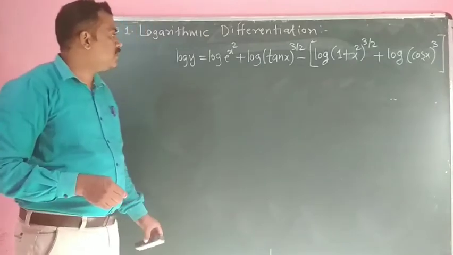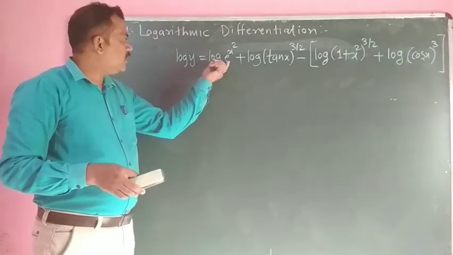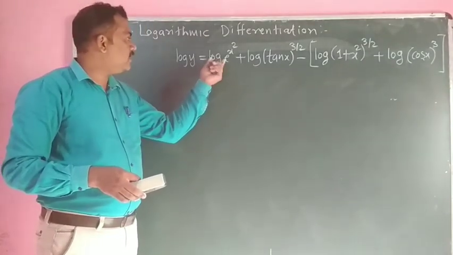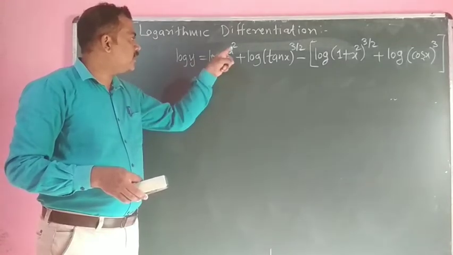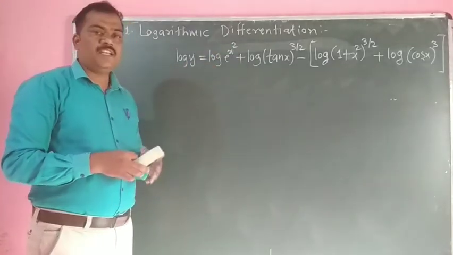Now we also simplify by using the exponent rule of logarithm. In log of e raised to x square, the power gets multiplied with the log.